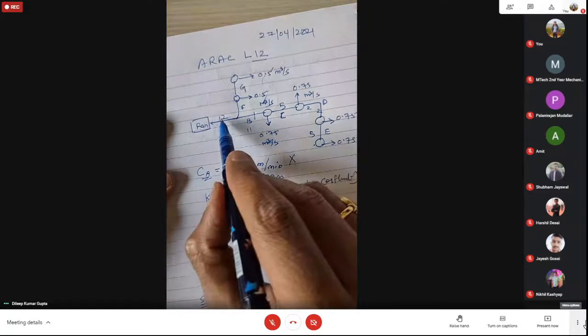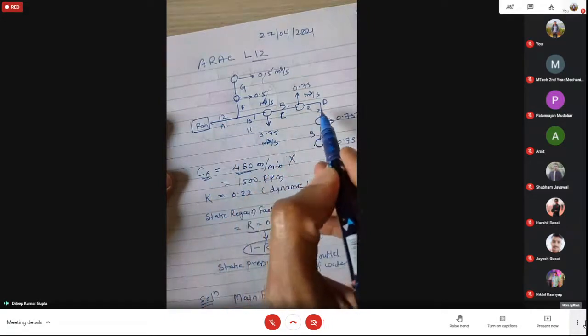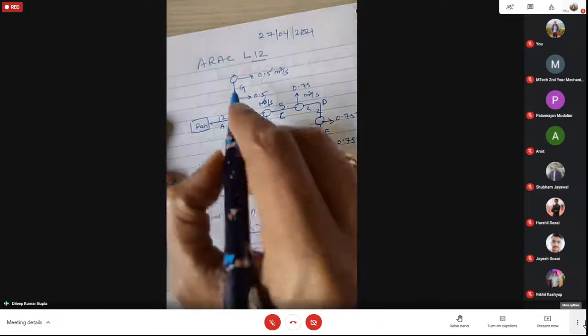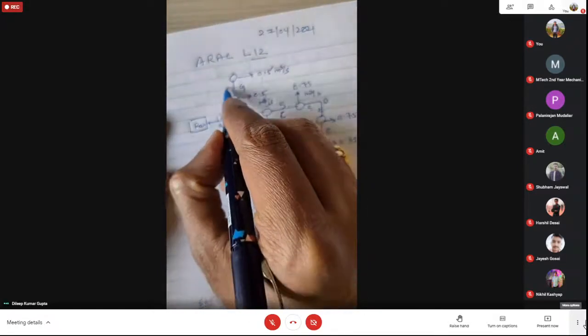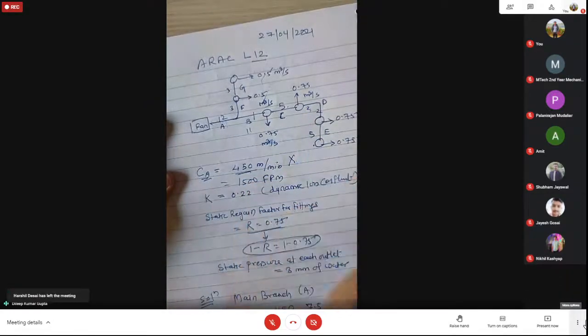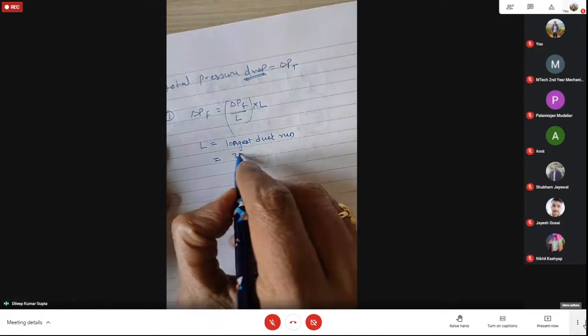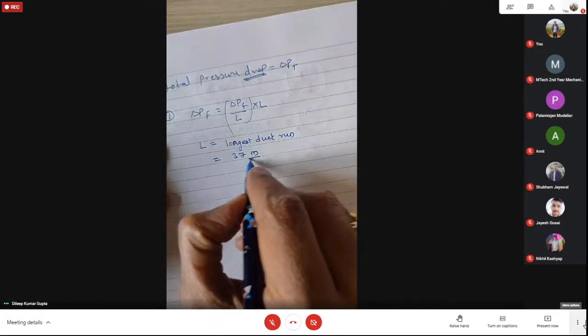So 12 plus 11 plus 5 plus 2 plus 2 plus 5 comes to 37 meter, and this side is only 3 meter. So we will not take the short duct run, we will take the long duct run over here. So the total length L will be taken as 37 meter for the calculation.